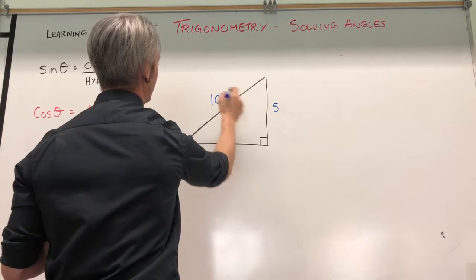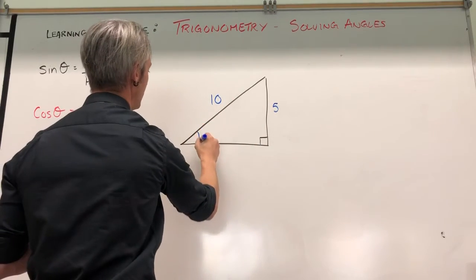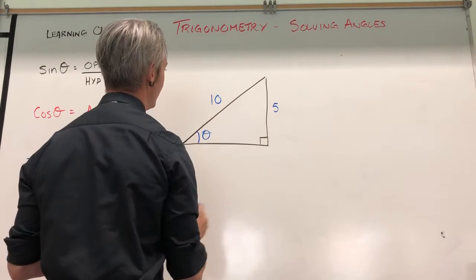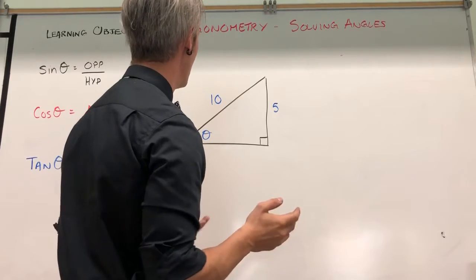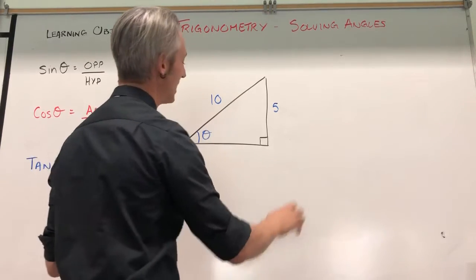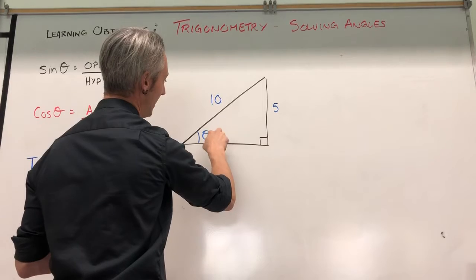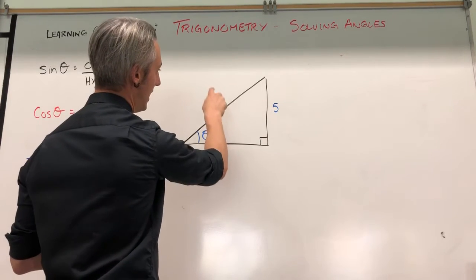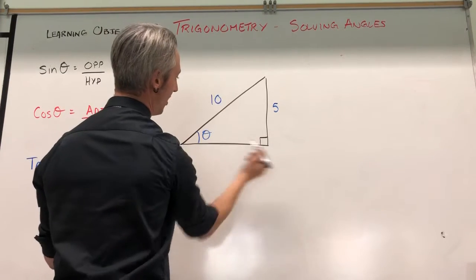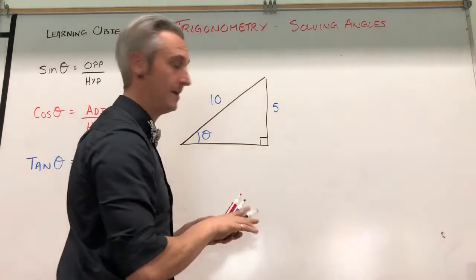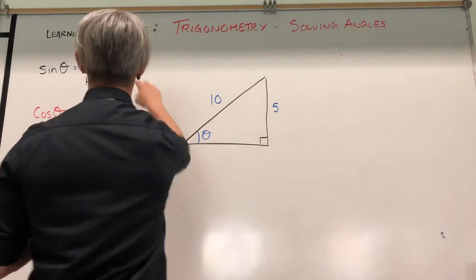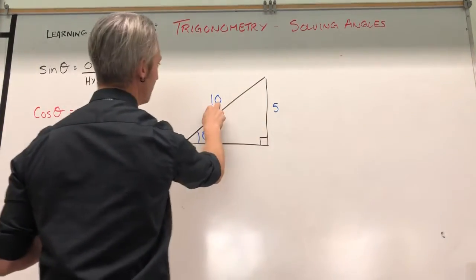Okay, say that was 5 and that was 10, and it was asking me for this angle here. Well, I would go to my ratios and say, I know the opposite side to this angle, theta, and I know my hypotenuse, because my hypotenuse is opposite from this right angle. Which ratio has an opposite and a hypotenuse?